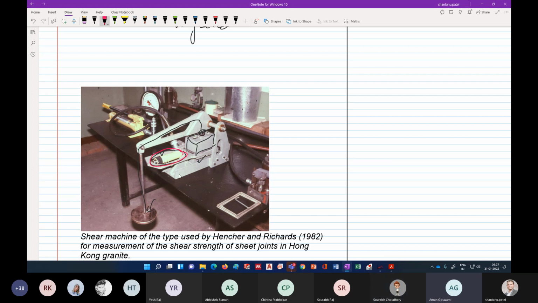Yes, sir. So this is kind of a pump, right? If you press this thing, it will apply more and more load, and that load is indicated here. What pressure you are applying? So that pressure you can calculate, and gradually it's like pumping.